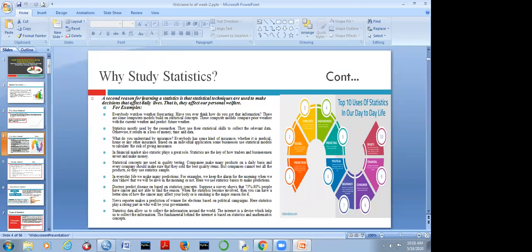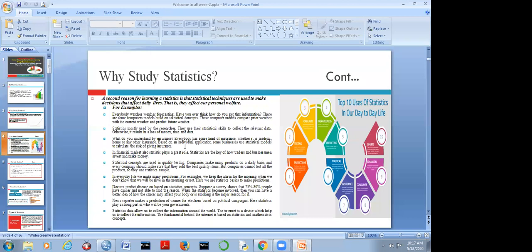So the second reason for learning statistics is that statistical techniques are used to make decisions that affect our daily lives, and they affect our personal welfare also. As I told you, statistical or numerical information comes from everywhere. Every organization can discuss in a numerical form.